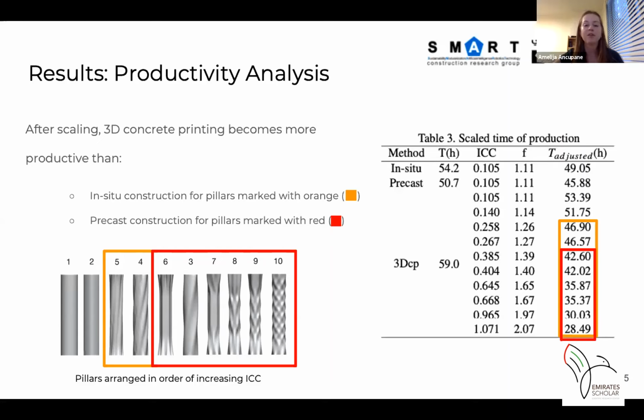And for the printing time of the example pillars, we took 59 hours, which was the printing time provided by the paper for the 3D concrete printing method. After scaling, we can see that for some of the pillars with higher ICC values, they can be considered more productive to produce than those produced by in situ or precast methods.